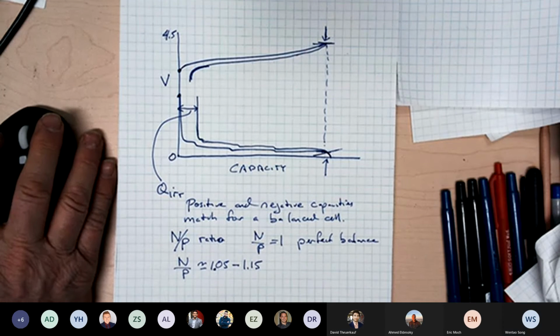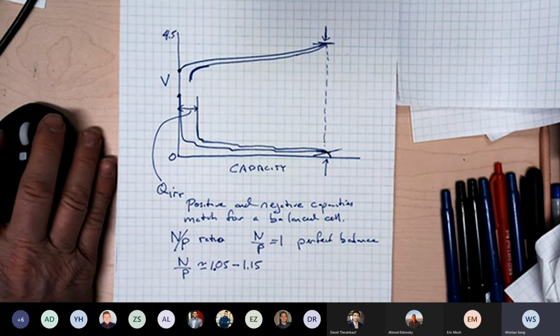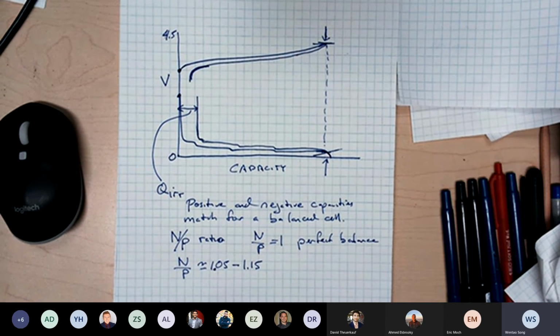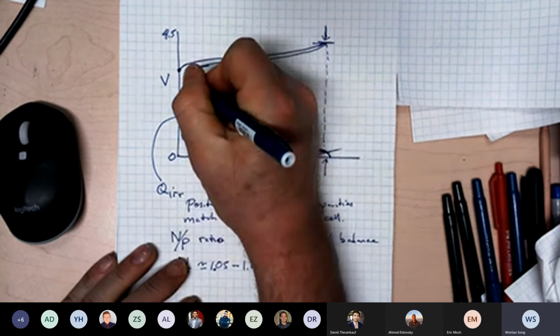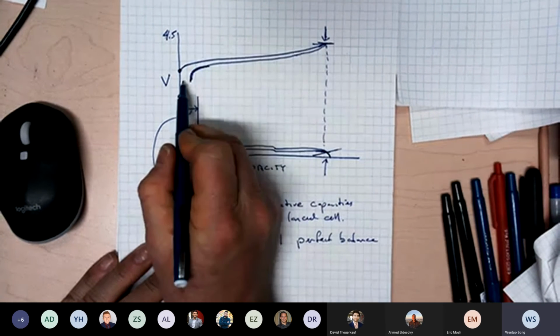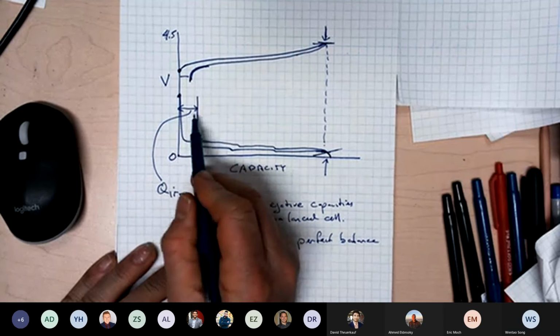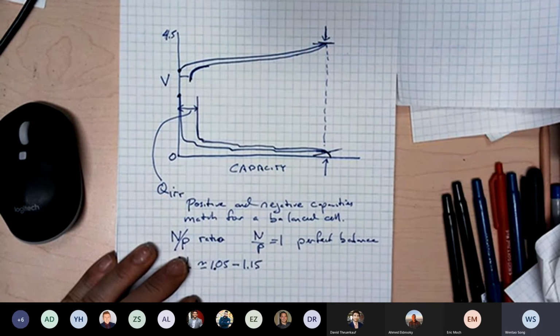Okay, any other questions? For the irreversible capacity loss, you just label it on the graphite anode side, but does the cathode side also have a very thin layer of cathode electrolyte interface that goes into this irreversible capacity? Normally, the cathode irreversible capacity is less than the negative irreversible capacity.